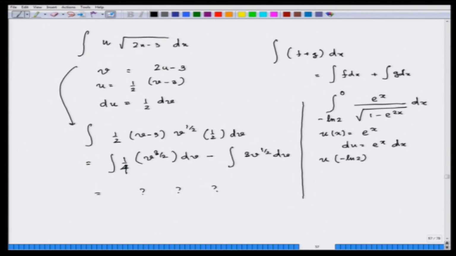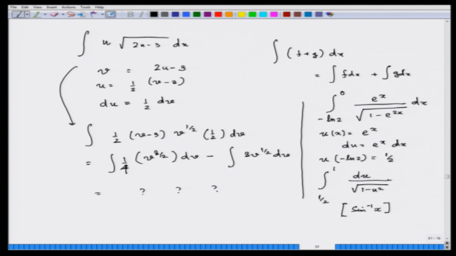because now we have to also change these 2 points. You have to understand the following fact, that now I am changing over from x to u, so these end points have to be also in terms of u. So, this is nothing but half, and e to the power 0 is 1. So, basically this integral will become the integral from half to 1 of du over root over 1 minus u square, and we know what it is. It is sin inverse u, which is the antiderivative.